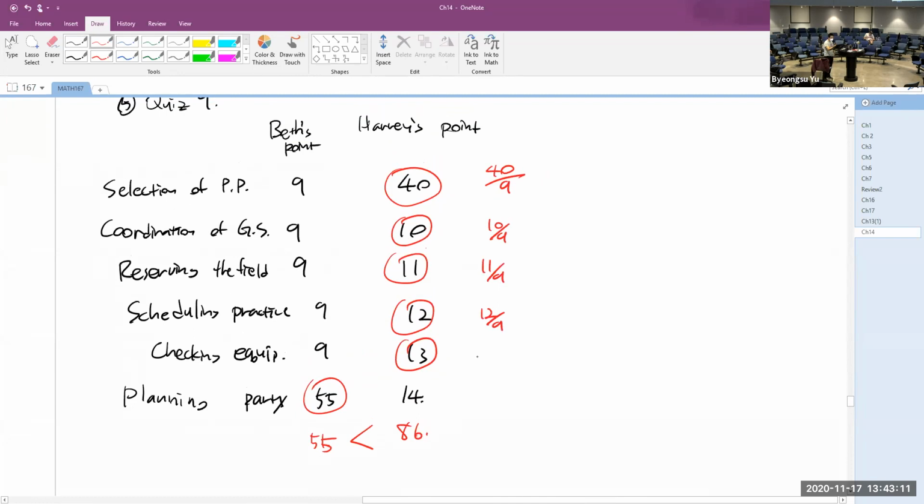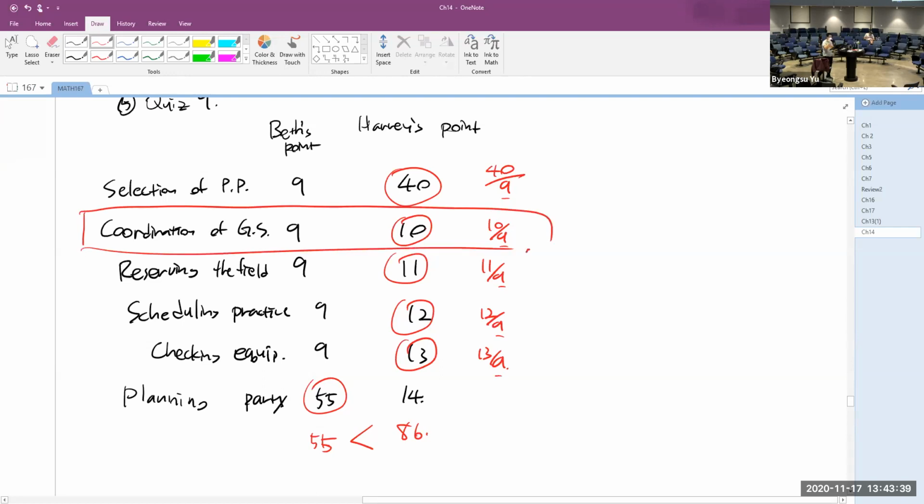But instead of calculating the actual decimal numbers, you can see that their denominators are all the same, right? So the smallest numerator gives you the smallest profit ratio. And here, that is the first one, coordination of game schedule, right?